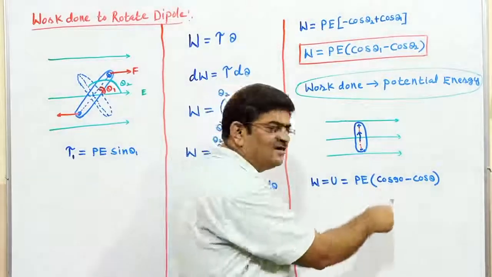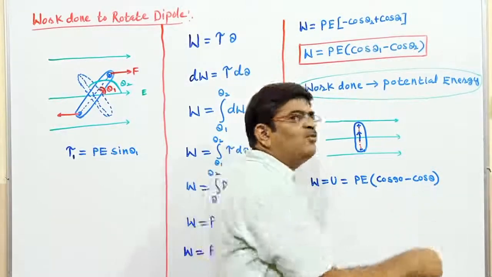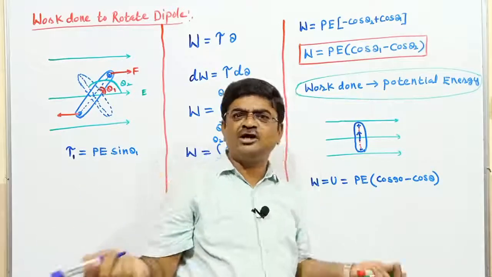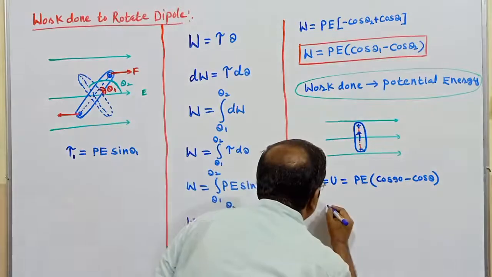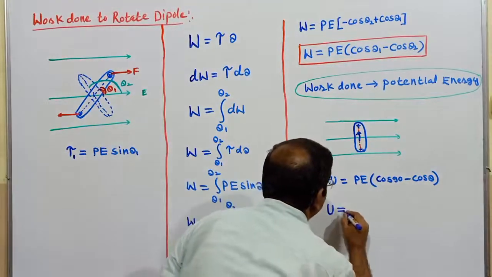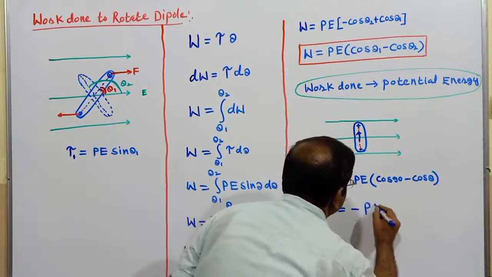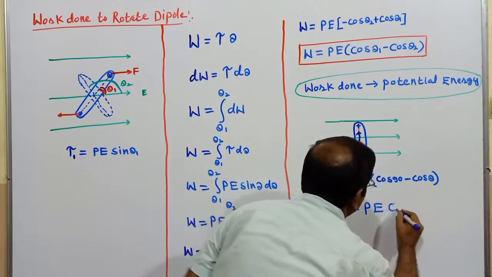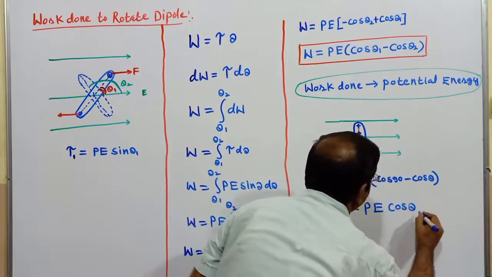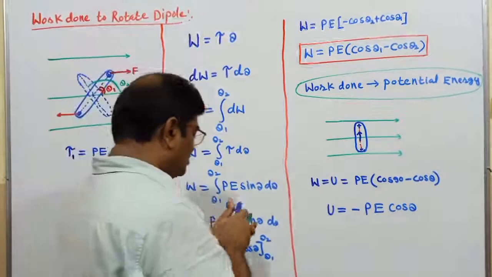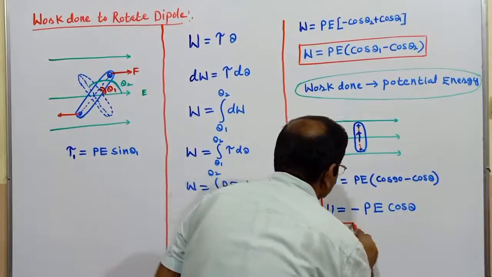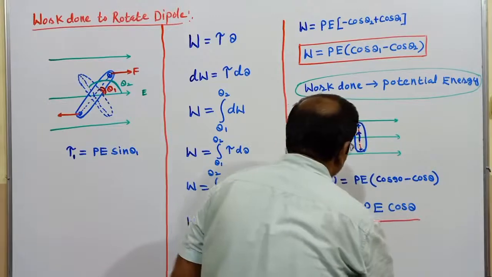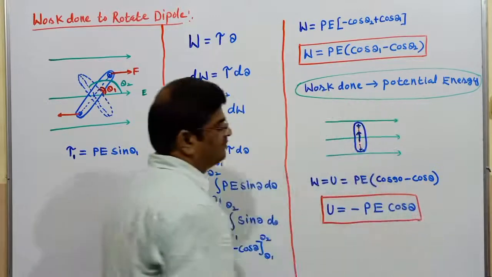Theta 1 I am writing 90, and I am going anywhere, theta 2 is anywhere, some theta value. That guides me to write an expression for potential energy, minus PE cos theta. Very important expression I am writing here. What is this? Expression for the potential energy of the dipole.